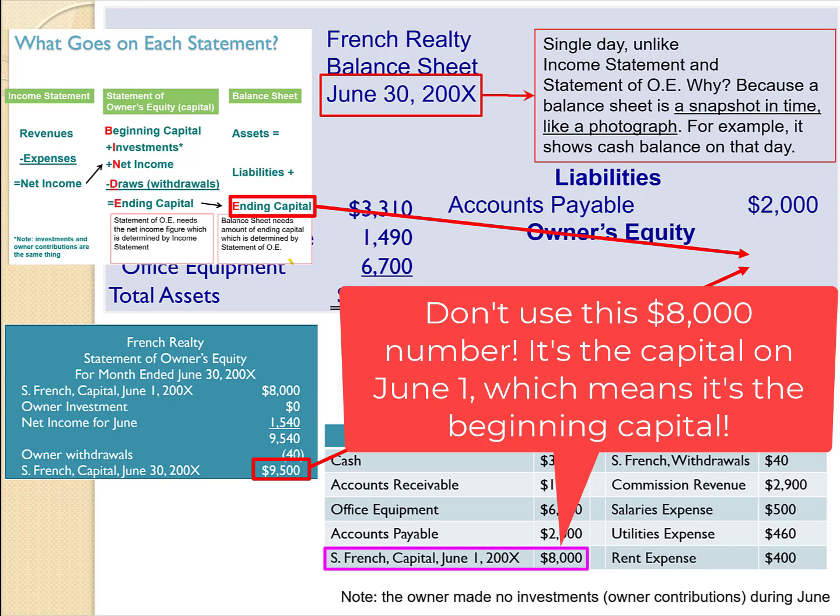A lot of students will look at the table down here and see that the capital is $8,000 and they just automatically use that amount. But notice it says capital on June 1st. This balance sheet is being created on June 30th. So we cannot use the capital account from the beginning of the month. We have to use the capital amount from the end of the month, the ending capital.